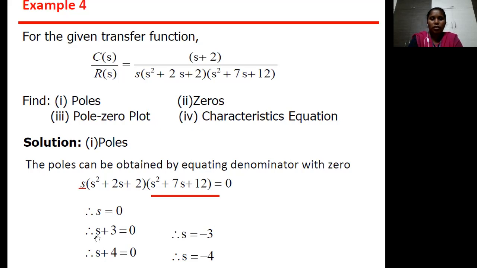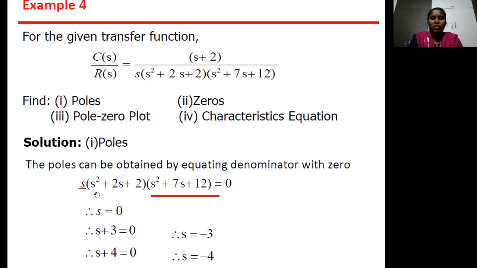Because if you multiply (s plus 3) and (s plus 4), the result is s square plus 7s plus 12. So you can consider s plus 3 equal to 0 and s plus 4 equal to 0. From this we obtain s is equal to minus 3 and s is equal to minus 4. So these are the poles of the given transfer function.